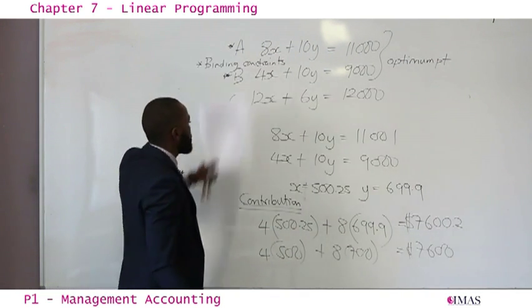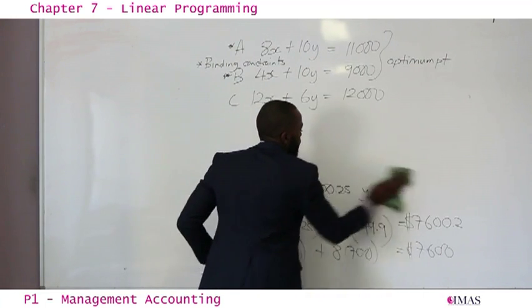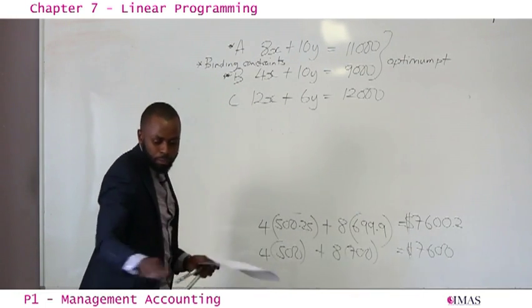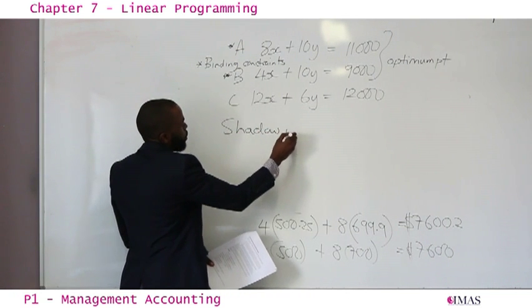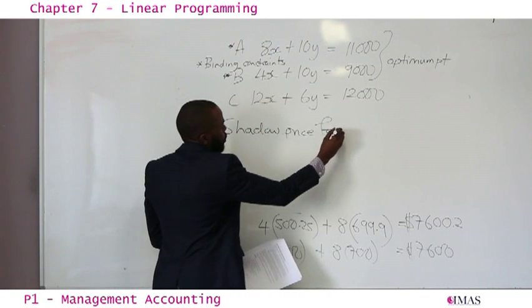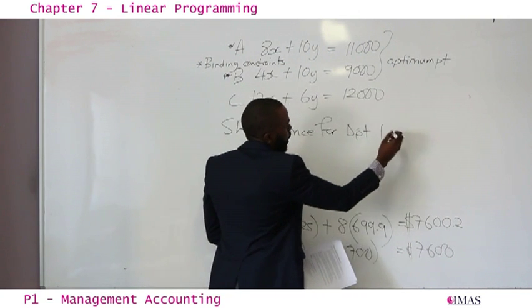So that's for Department A. The shadow price for Department A is 20 cents.